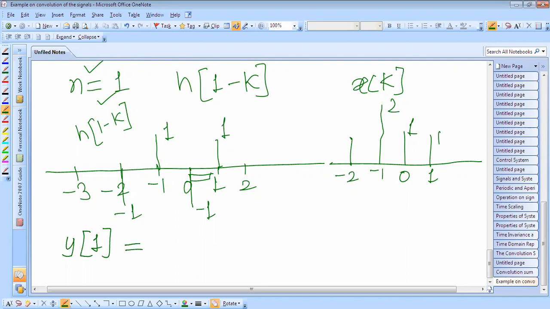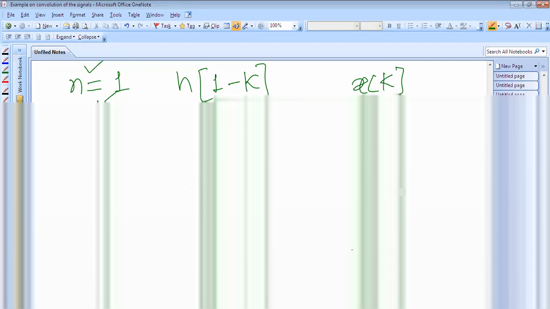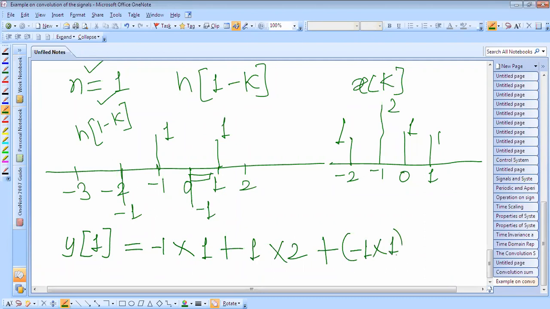So y of 1, see, at -2 the impulse response is -1, into the input at -2, which is 1, therefore it is -1 into 1, plus at -1 it is 1, and at -1 the input is 2, plus at 0 it is -1, into input at 0 which is 1, plus at 1 the magnitude is 1 here, and this is also 1.